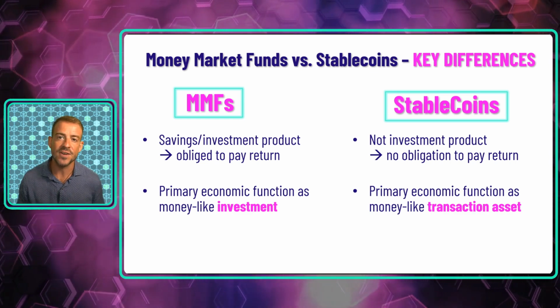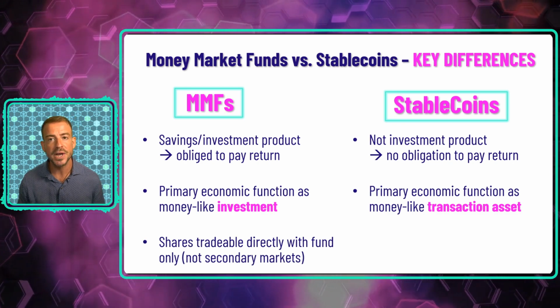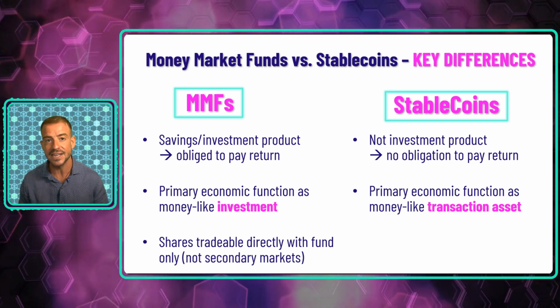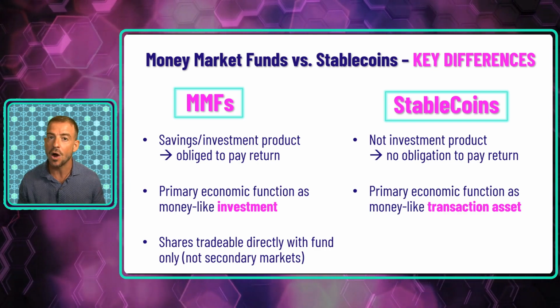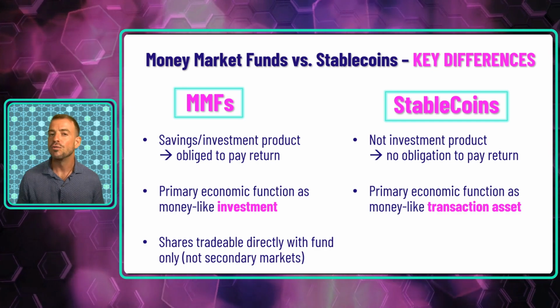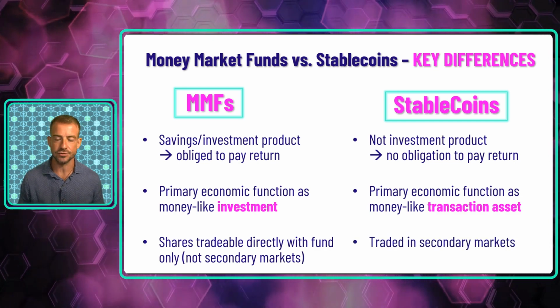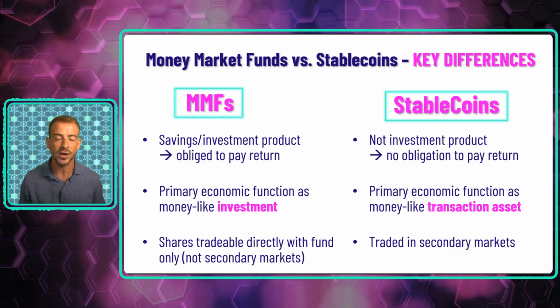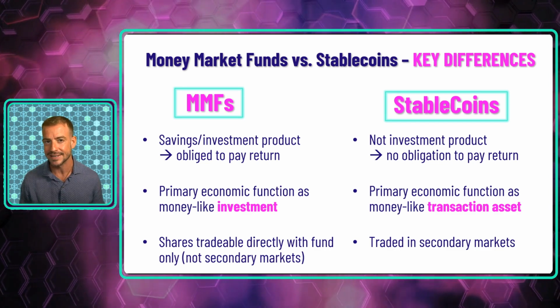Finally, it is very important to note that money market fund shares are only directly tradable with the fund that issues them, and the shares aren't tradable between investors on secondary markets. For stablecoins, the opposite is true. They do trade between investors on public secondary markets, and that's the whole point.